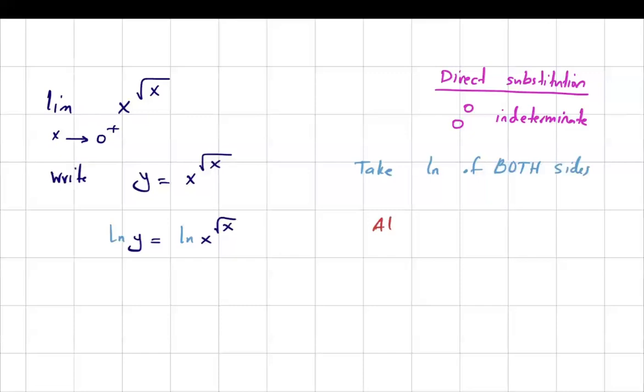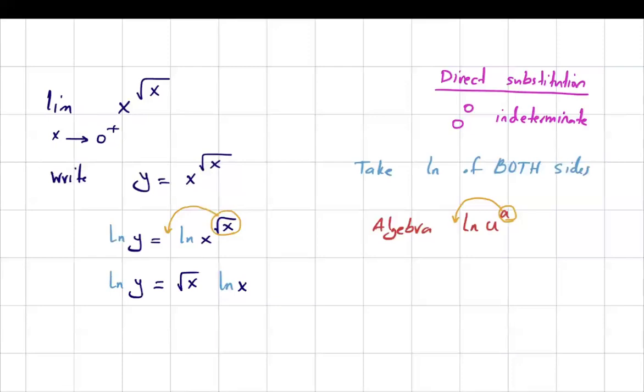Using algebra, if you have a quantity like u raised to the power n and it has ln in front of it, you can take this exponent and write it in front of ln. So write square root of x in front of ln. ln of y becomes square root of x times ln of x.